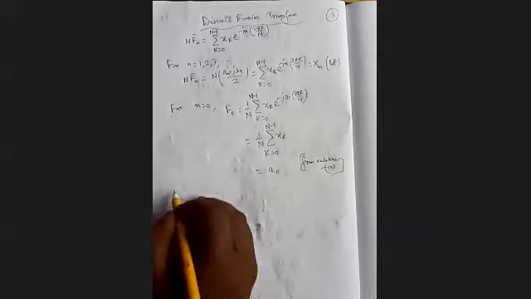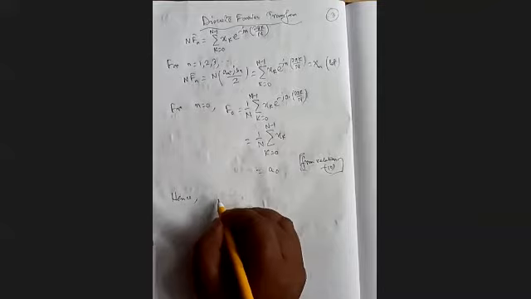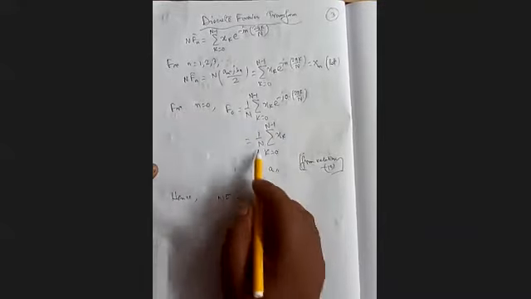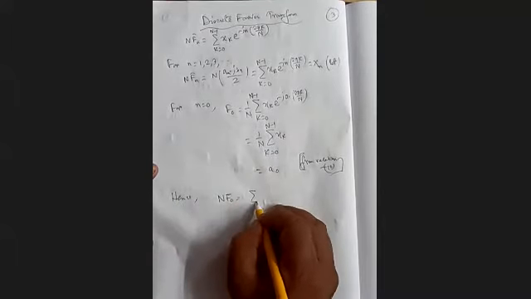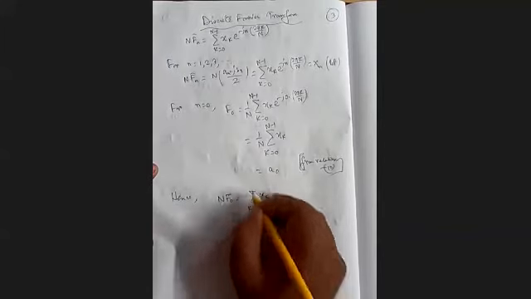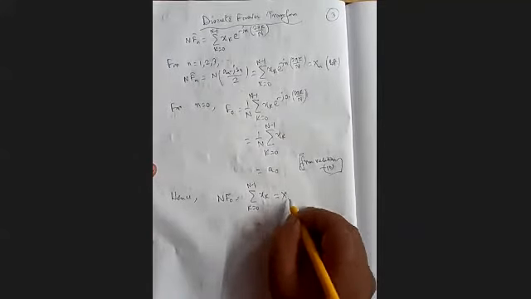So we can write, hence, N into f0. N into f0 is what? N into f0 is summation xk, k varying from 0 to N minus 1, and that is equal to x0. We are calling it x0.